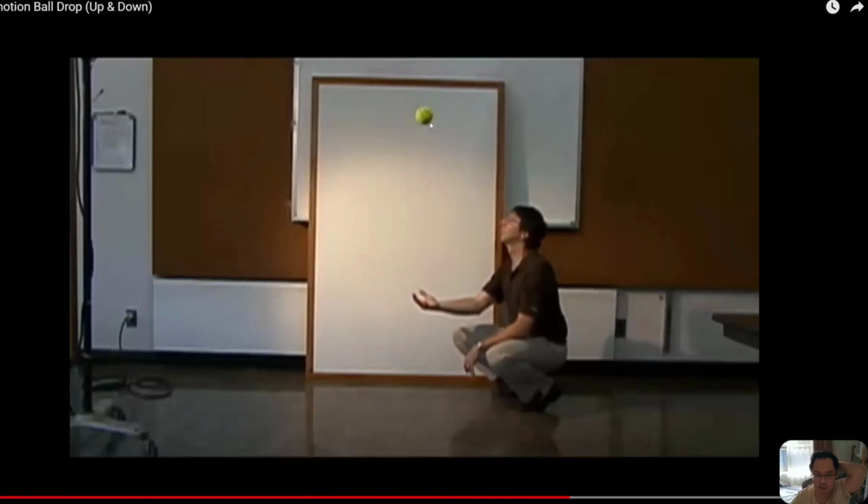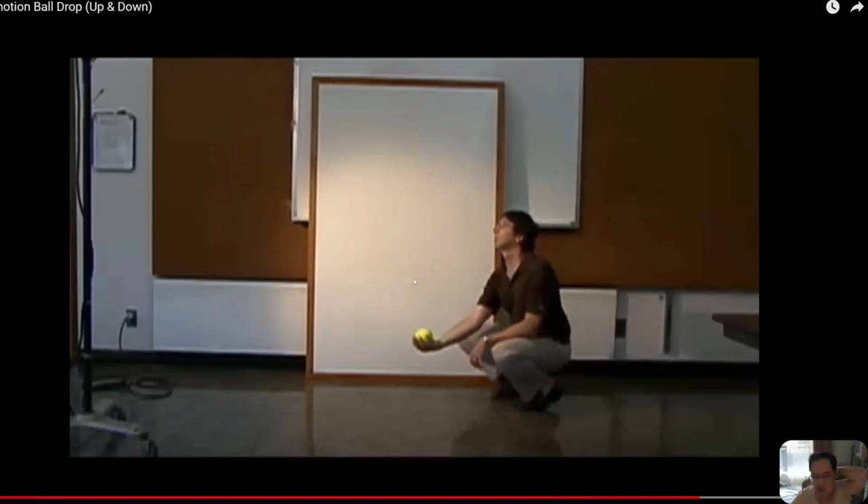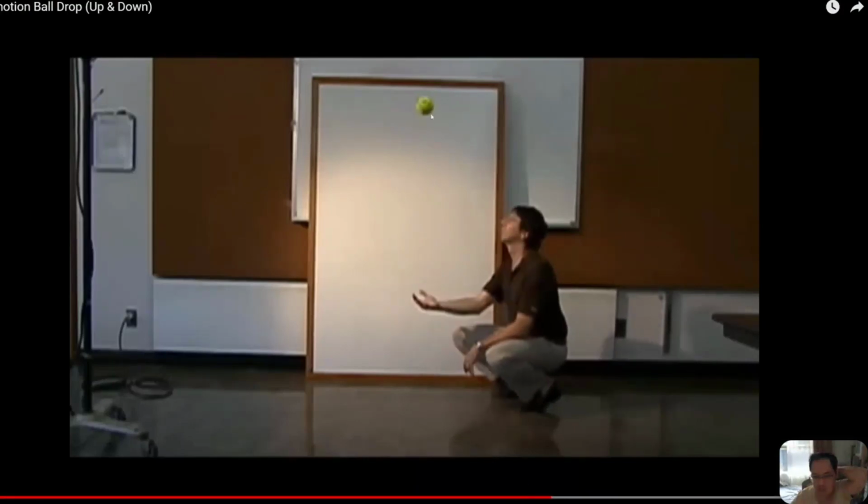Here, there. Temporarily, velocity decreases to 0 right before changing direction and falls downward again. Right? There. The instant that it reaches the top, the instantaneous velocity at the top is 0.